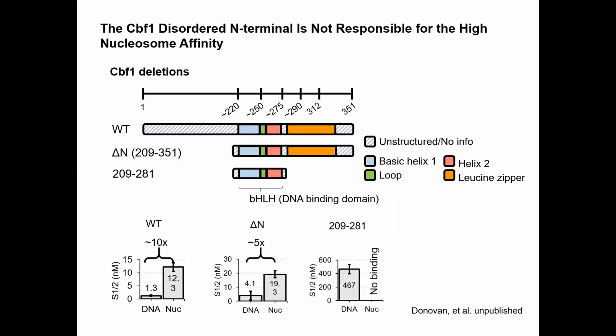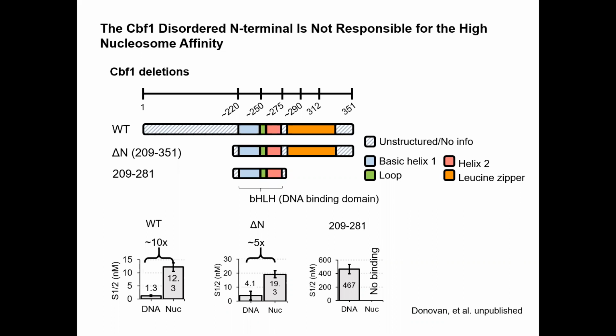When we delete the leucine zipper, you can see that it essentially lost its interaction with both DNA and nucleosome. So by doing this kind of deletion analysis, we're not able to specifically change the affinity to nucleosome. And the only conclusion we can make is that this large unstructured domain doesn't seem to contribute to binding to nucleosome.